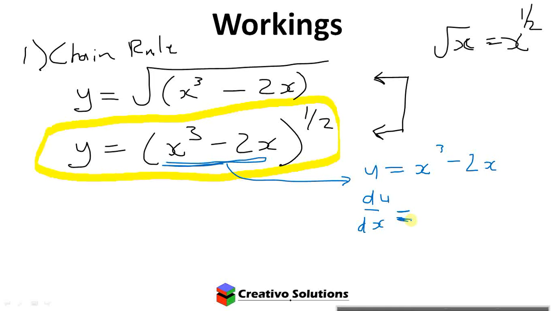So I must derive the x to the 3 minus 2x, yes. So it's 3x to the 2, minus 2. Correct.